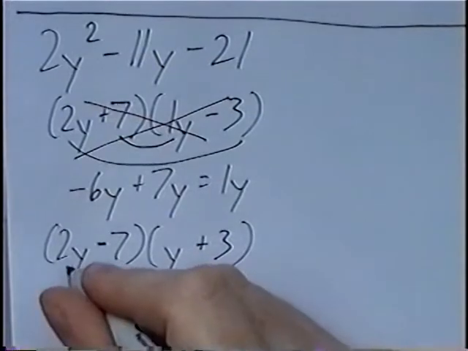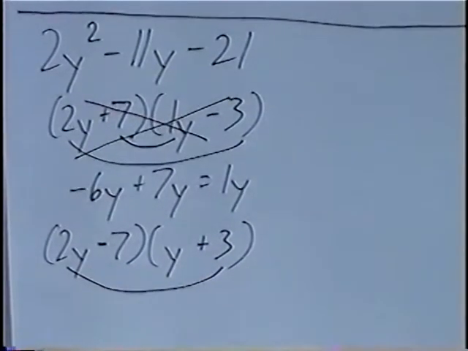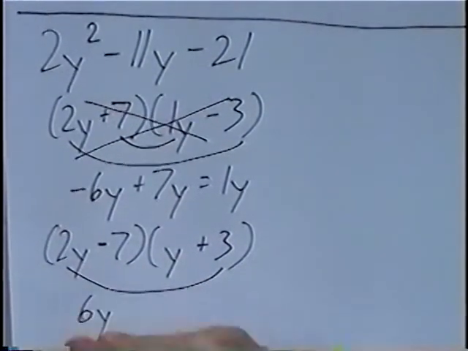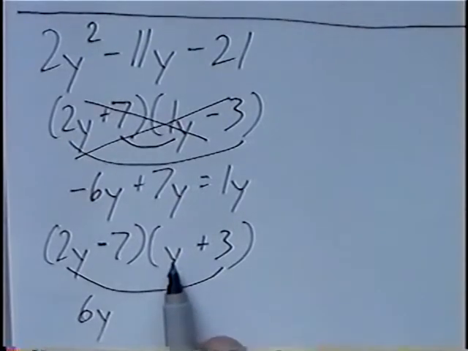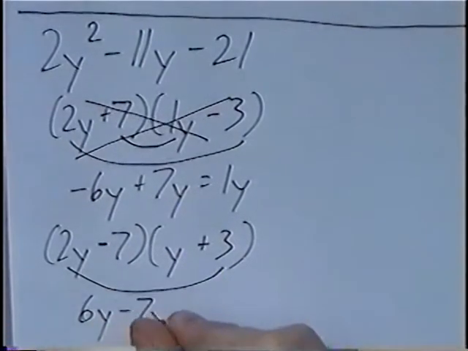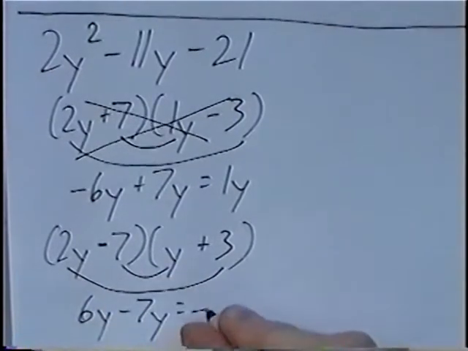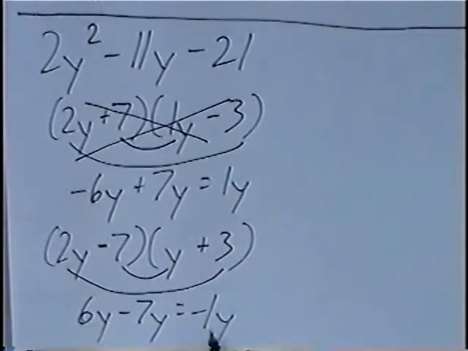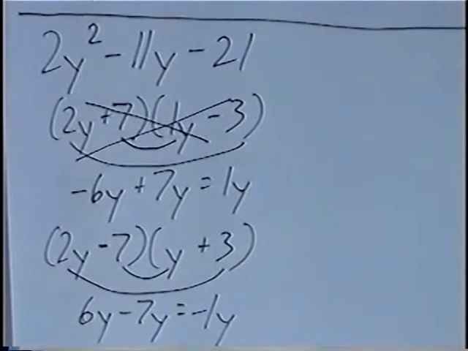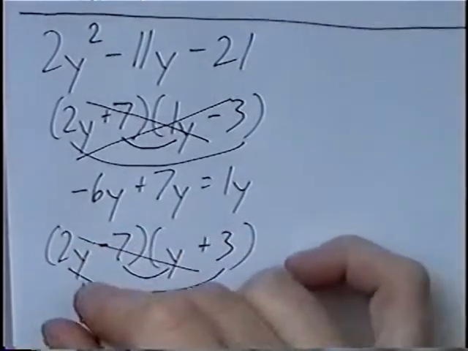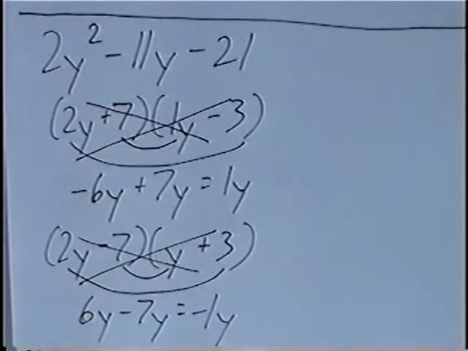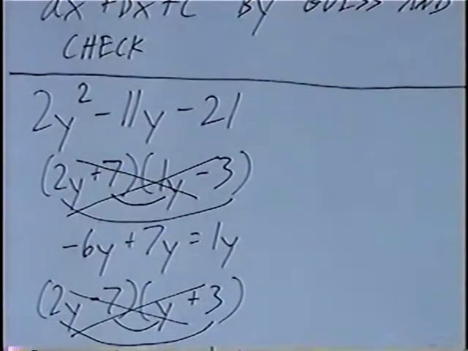Checking this time, 2y times a positive 3 would be positive 6y. Negative 7 times y would be negative 7y. And this time, combining like terms, we'll have negative 1y. Negative 1y again does not match up with negative 11y, which means this is an incorrect solution, and we'll have to guess and check again.